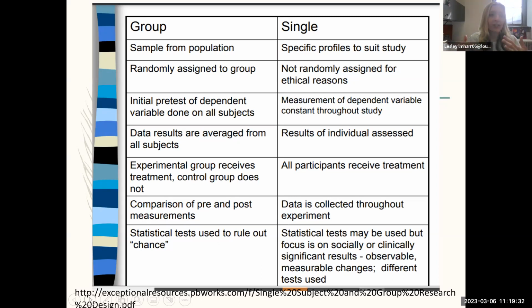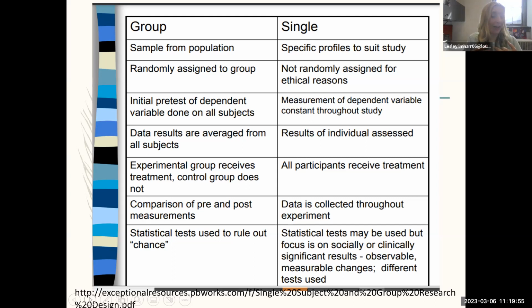Group research designs, just to recap, use a sample from the general population, let's say the general population of clients, or of workers throughout a larger area. We use randomization. We use an initial pre-test of dependent variables done on all subjects, if possible.